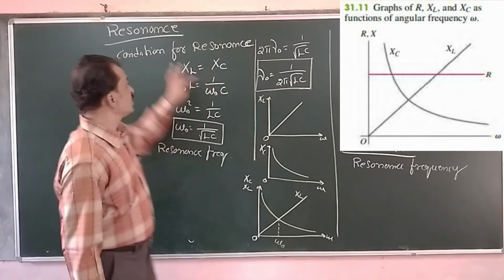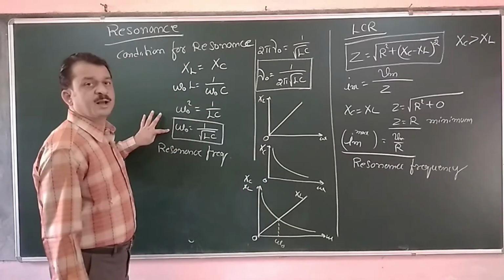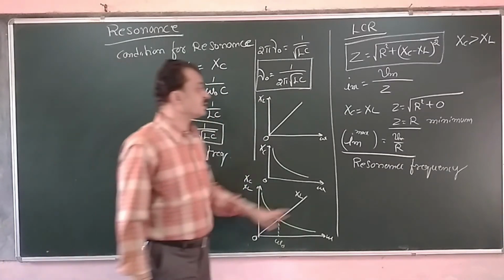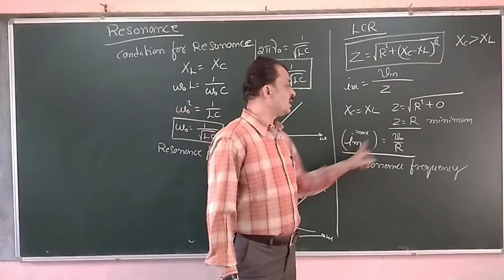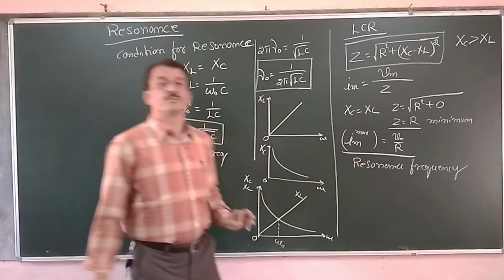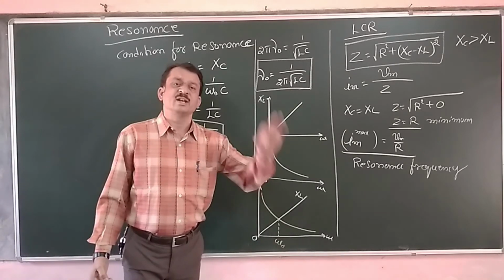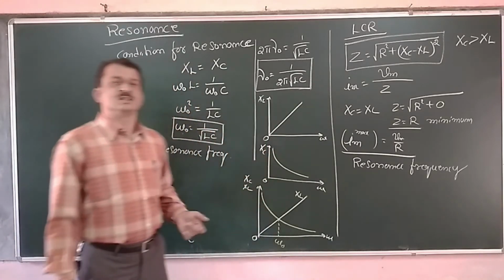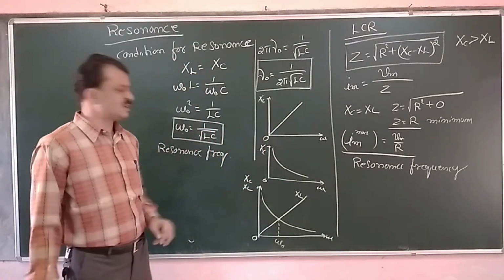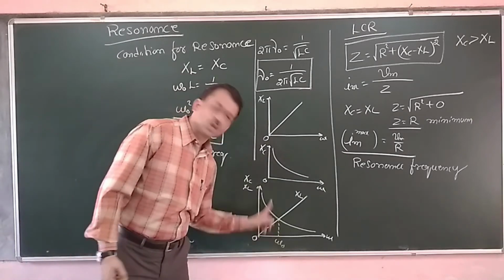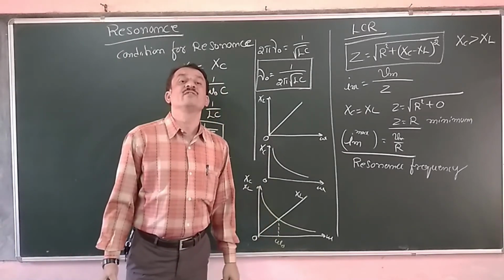In this situation, we get a maximum value of current. Impedance becomes minimum, current becomes maximum. That phenomenon is called resonance, and that particular frequency we call the resonant frequency.